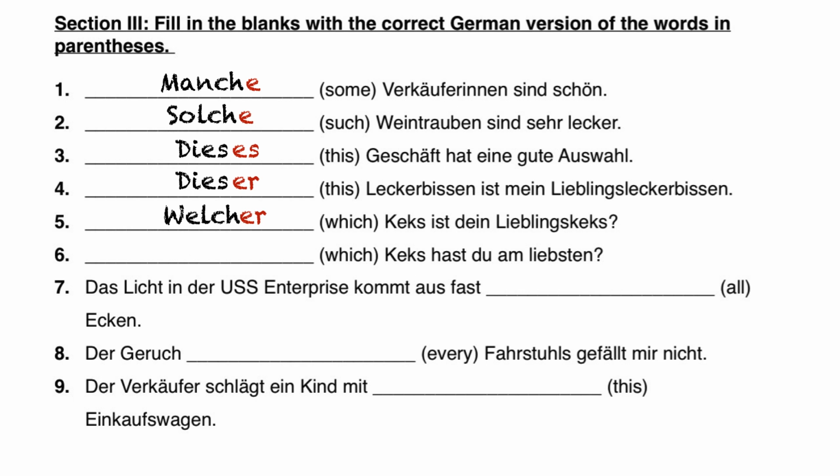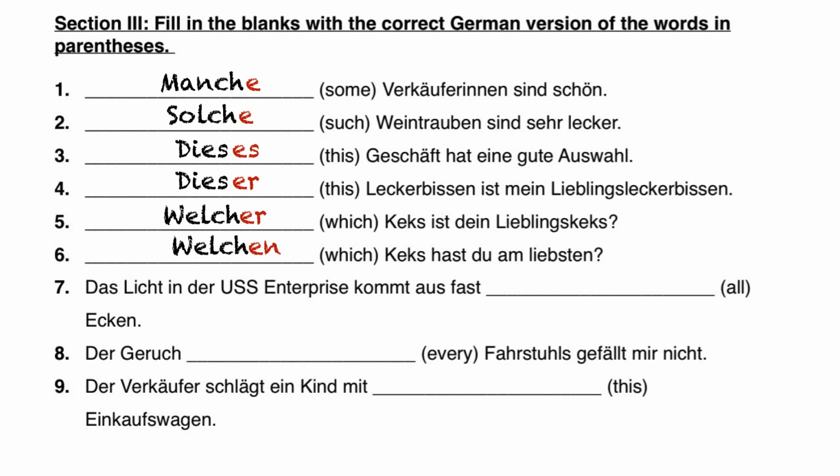In number 4, we have basically the same sentence. We have cakes and we need which. So the word for which is still the same, welch, and then we need to add an ending. But since du is the subject of this sentence, that makes the cakes the direct object. It's the thing that I like the most. And so we have to use here the masculine accusative, en ending to that one. Welchen Keks hast du am liebsten? Which cookie do you like the most?